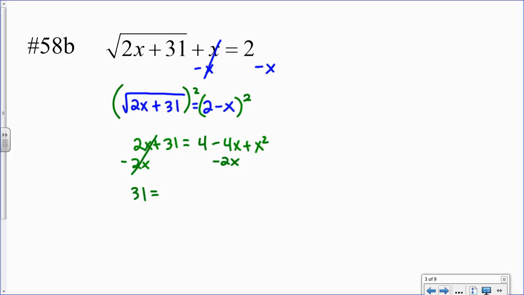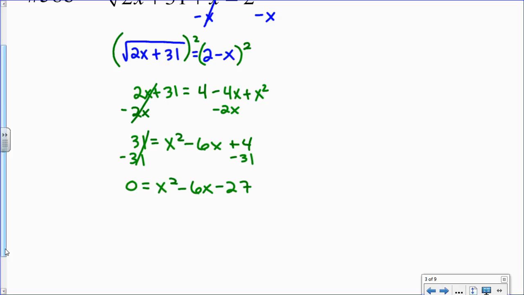So let me rearrange the order a little bit here. So let me put x squared, and then negative 4x minus 2x is negative 6x. This 4 is positive, so plus 4. And then subtract 31. Okay, once it's equal to 0, either factor or use the quadratic formula.